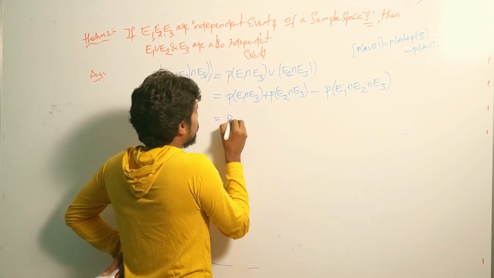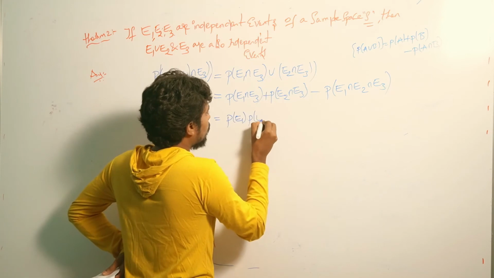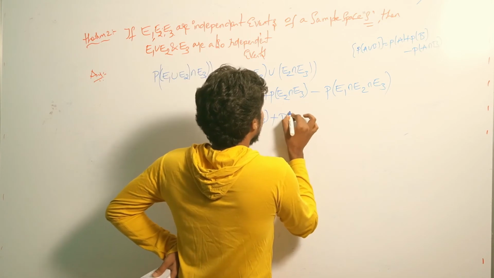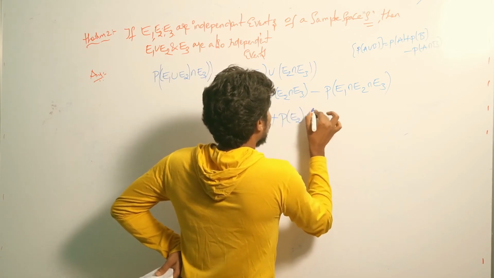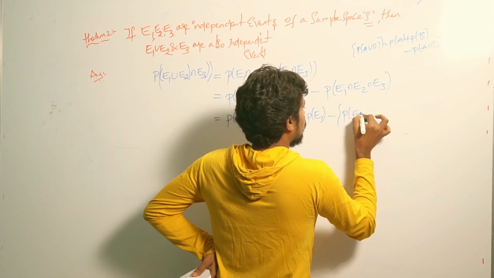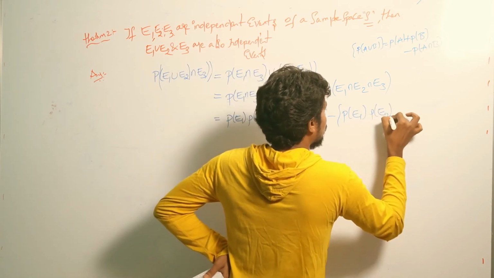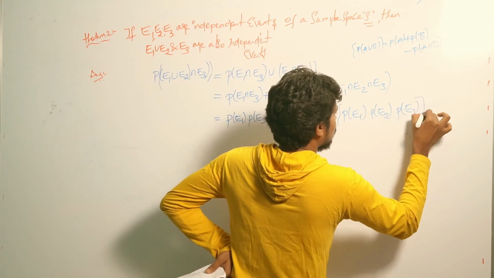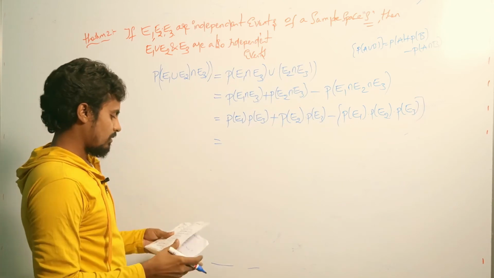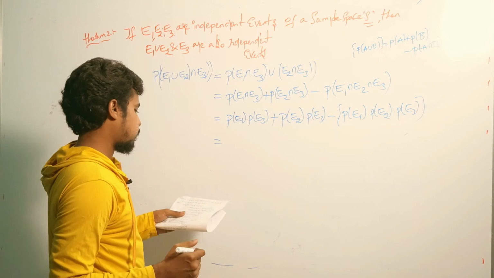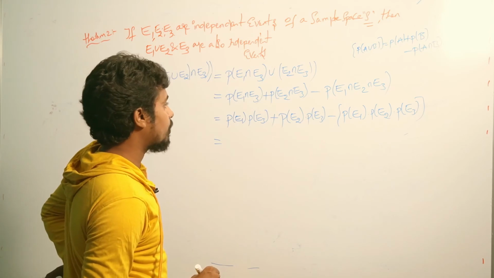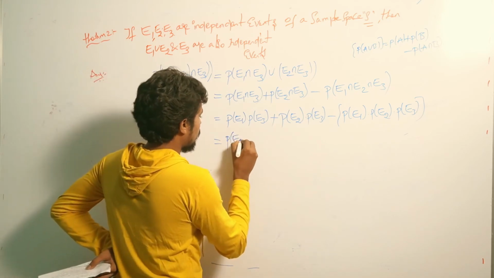Here this will be the P of E1 dot P of E3 plus P of E2 dot P of E3 minus P of E1 into P of E2 into P of E3, and here if you take P of E3 common, what will happen?